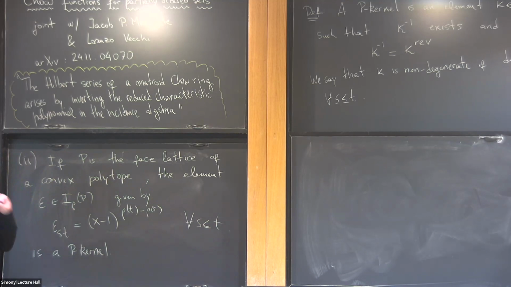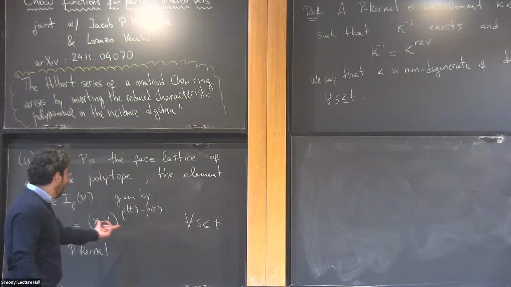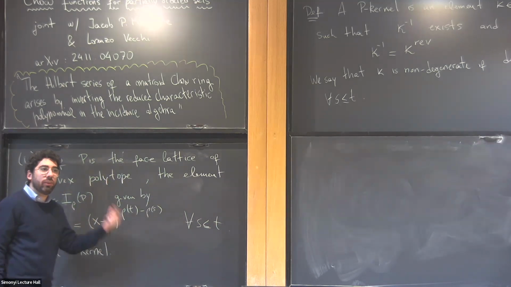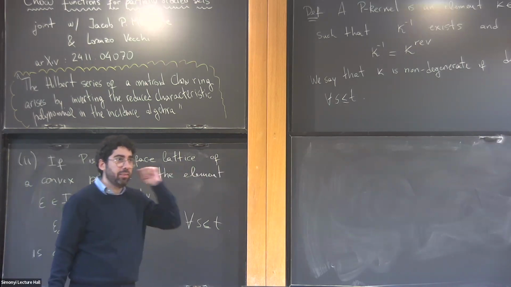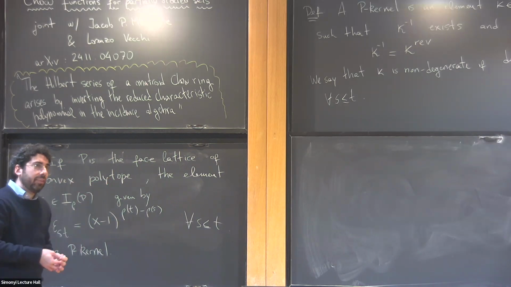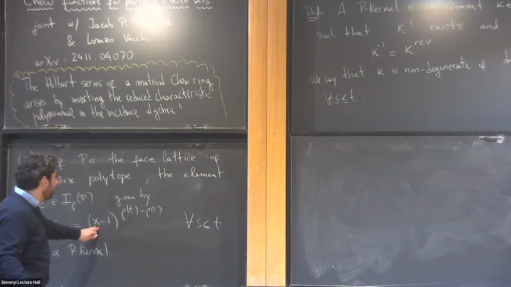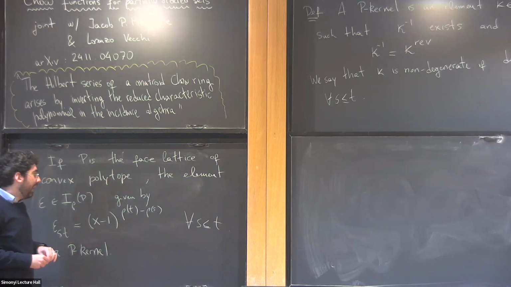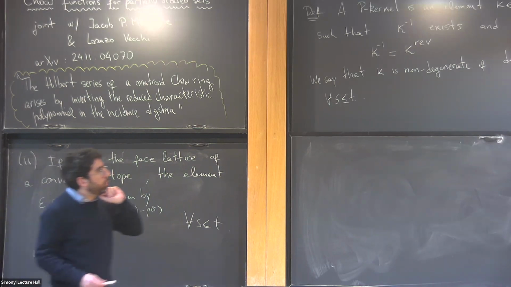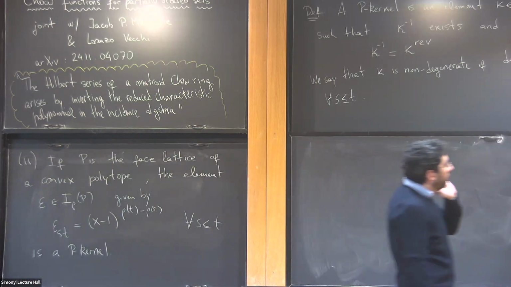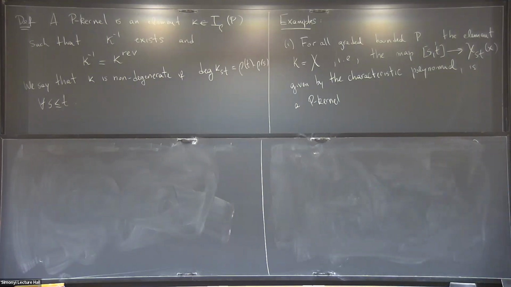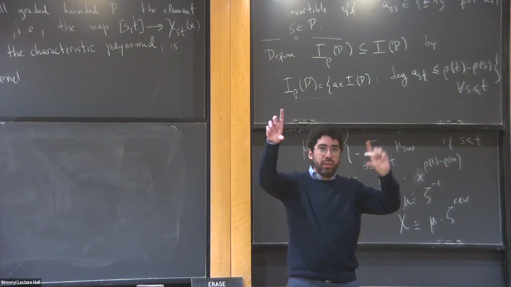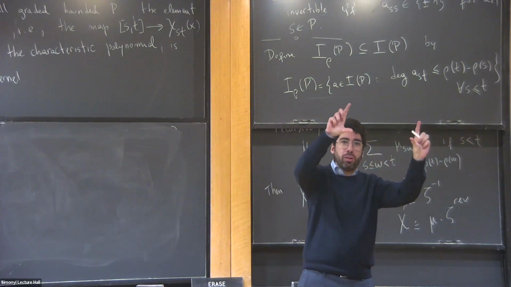So face posets of polytopes always have this kernel, which is of course different from chi. And chi has this Mobius function appearing. This is much more easy to see. One interesting thing is that there's a notion of being combinatorially invariant, which means that whenever you see two isomorphic intervals, you expect the same polynomials to appear.